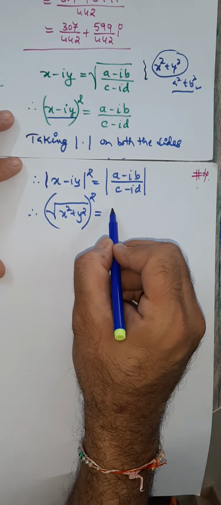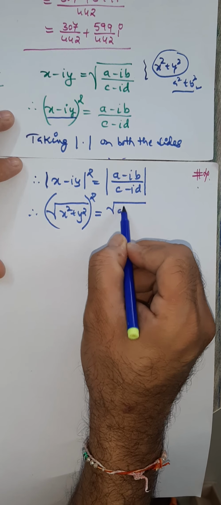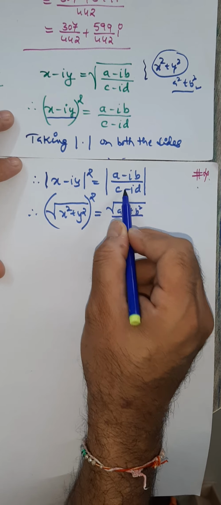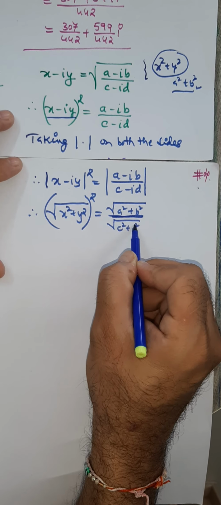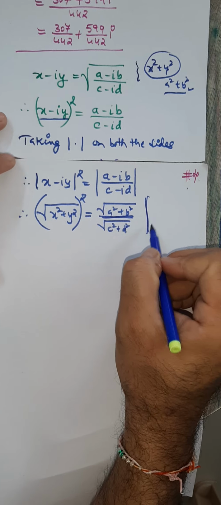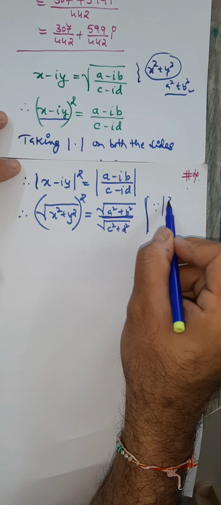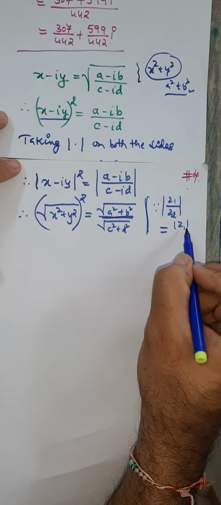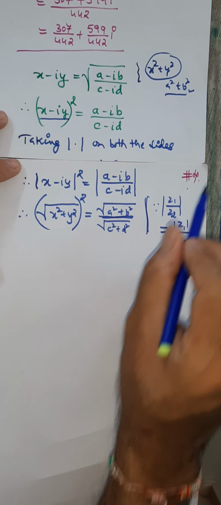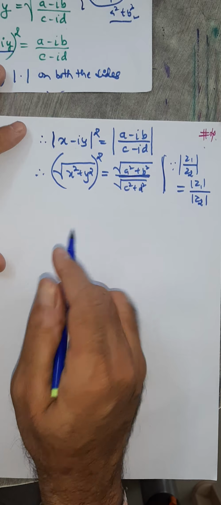Here, modulus of the numerator, which is root of a square plus b square, upon modulus of the denominator, which is root of c square plus d square. Here you have used this concept, remember. Modulus of z1 upon z2 equals modulus of the numerator upon modulus of the denominator. That formula you have used indirectly.